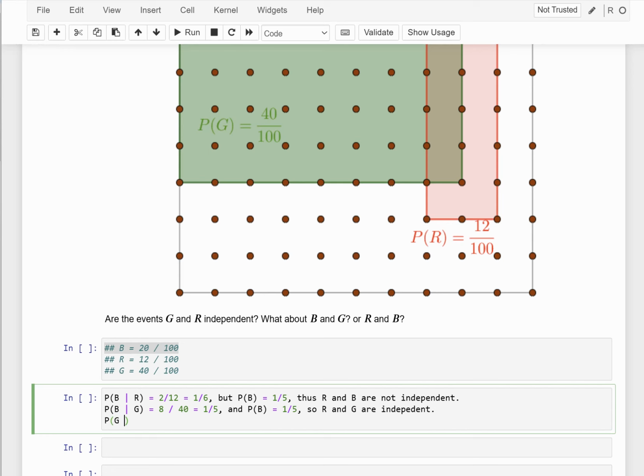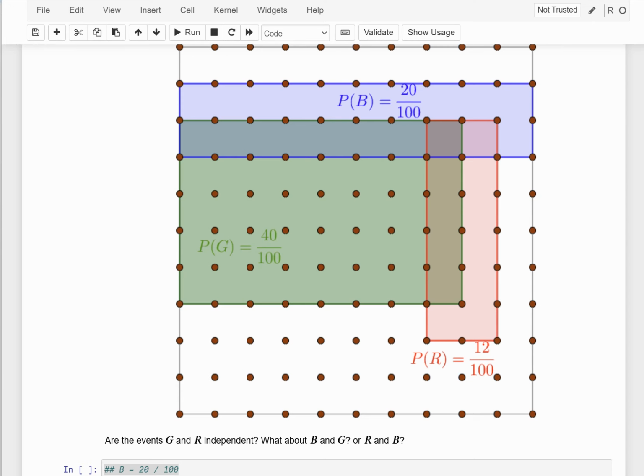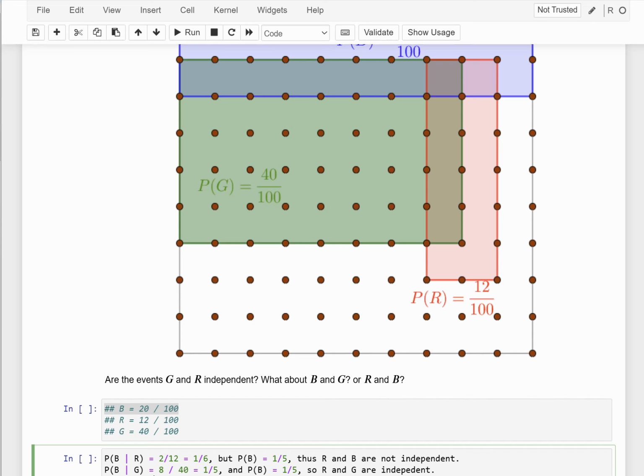Let's do green given that red has already occurred. If red has already occurred, we're looking at these 12, of which 1, 2, 3, 4, 5 are green.